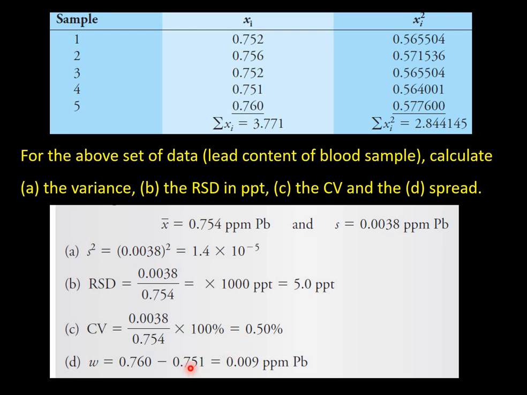And the range is the difference between the highest and the smallest. So in this data set, 0.760 is the highest one and the lowest one is 0.751. So the difference between these two gives you 0.009 ppm. Yeah. So these are the other terms that we sometimes use for indicating accuracy, precision, etc.